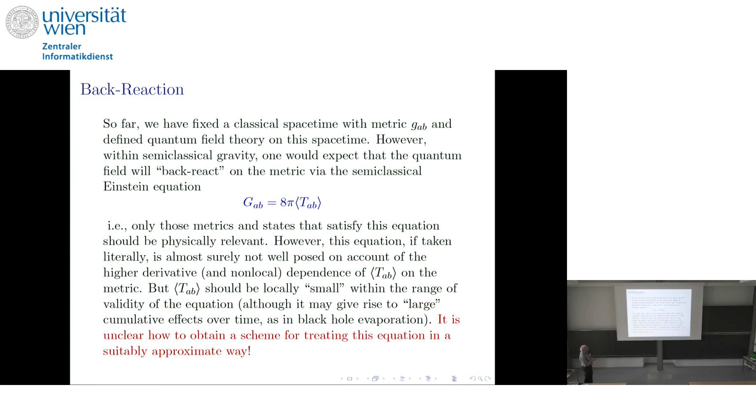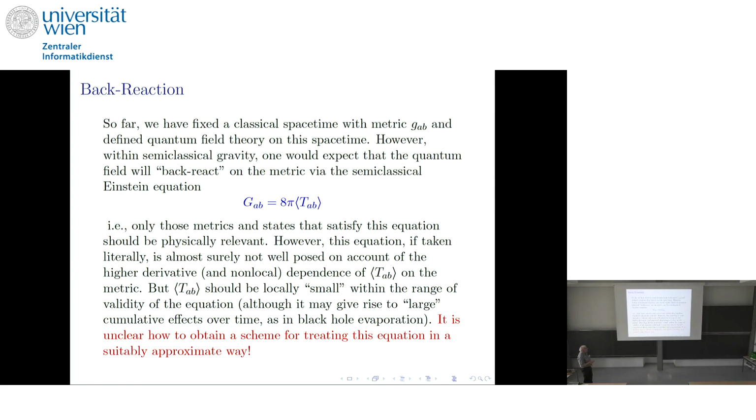So up till this point, because I think this is a very interesting and completely unanswered question, I've been imagining that I've just fixed a globally hyperbolic space-time with a fixed metric g, and I've defined the quantum field on that space-time.